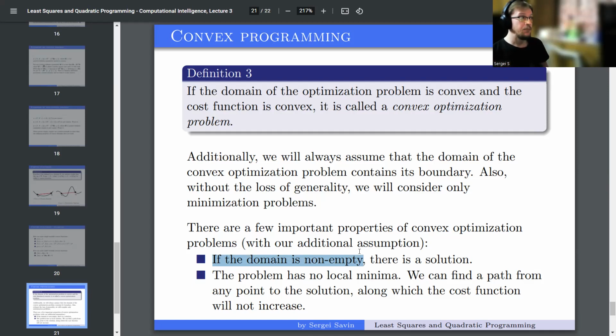Makes sense. But if the domain is not empty, you would always have a solution. Somehow this sounds a little bit trivial because yeah, sure, of course, there is a solution, right? But when you do it in practice, it is always nice to know that as long as you have a domain which is not empty, your solver will actually give you an answer.